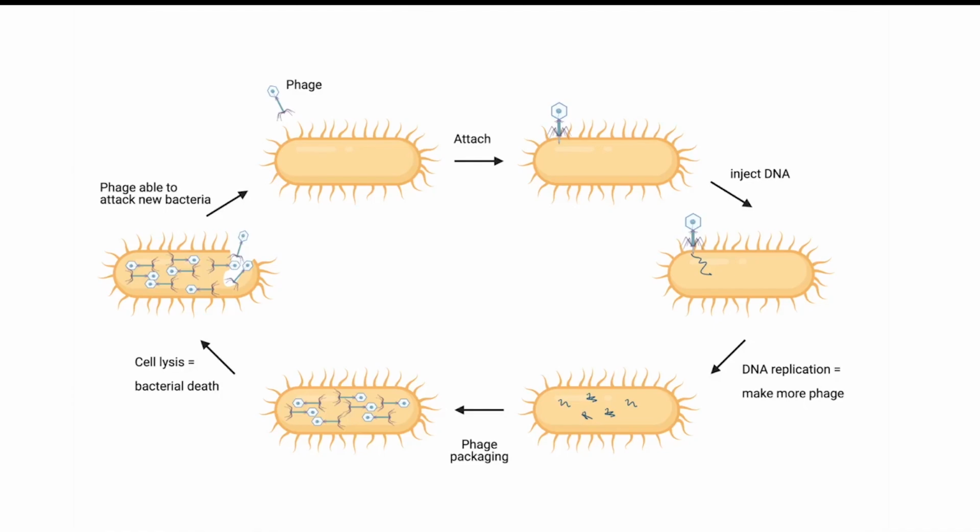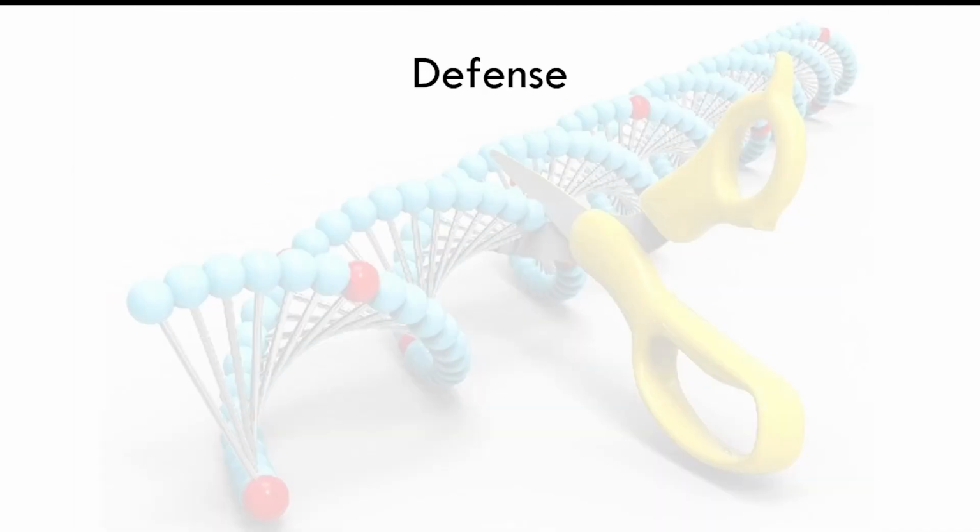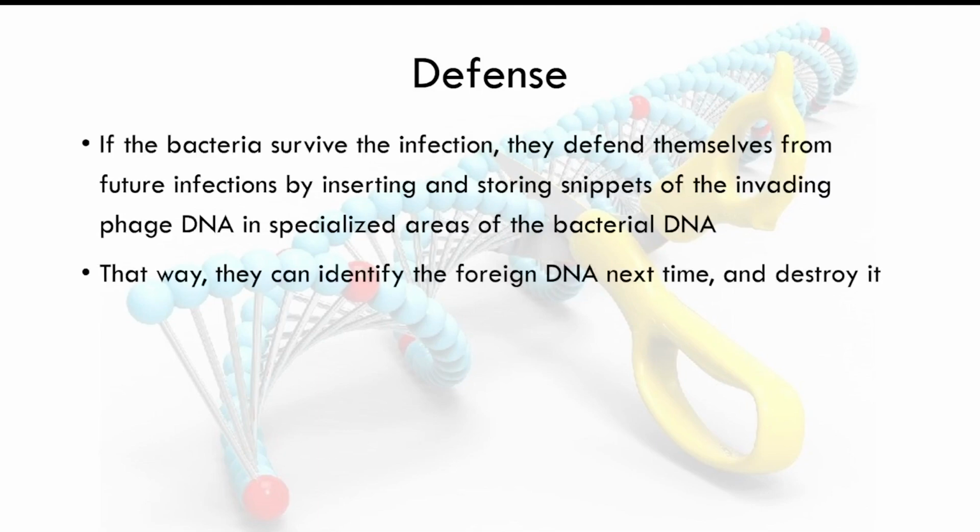Once it gets too full of the phage, it then lyses, and those phages escape and continue to attack new bacteria. So it's exactly the same process as a virus would infect us. This is the bacterial cell's mechanism for fighting against these bacteriophages.